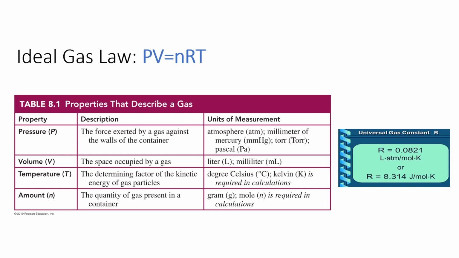The two most common values are shown over here to the right: 0.0821 liters times atmospheres over moles times Kelvin, or 8.314 joules over moles times Kelvin. And we'll be seeing both of those in this experiment.